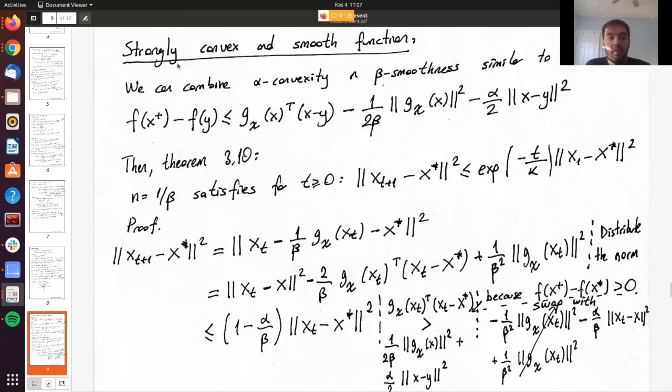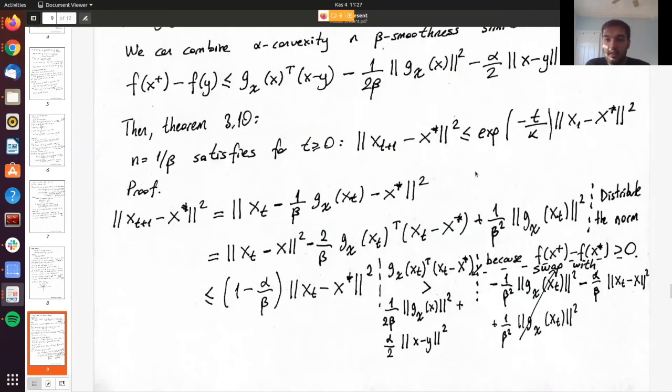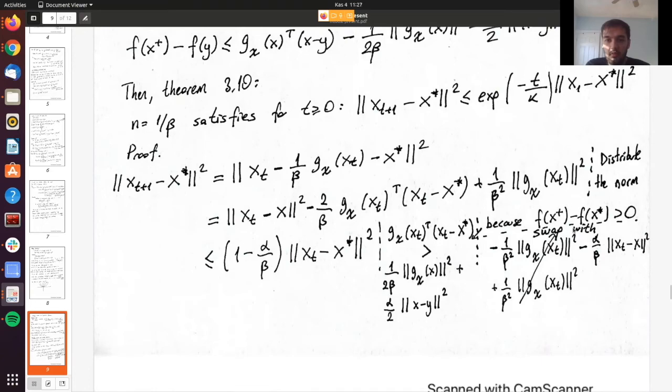And if we apply both convexity and smoothness in the constrained case, we will achieve this bound for suboptimality. And here's the proof for that. Sorry, this is a bit more complicated.